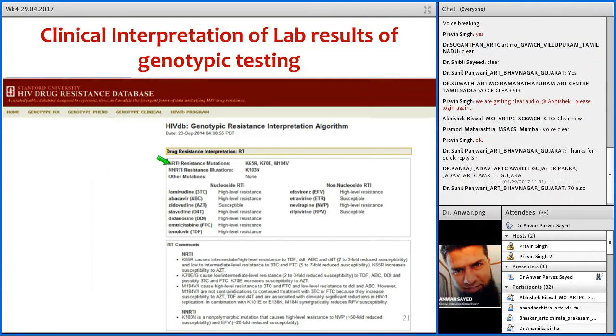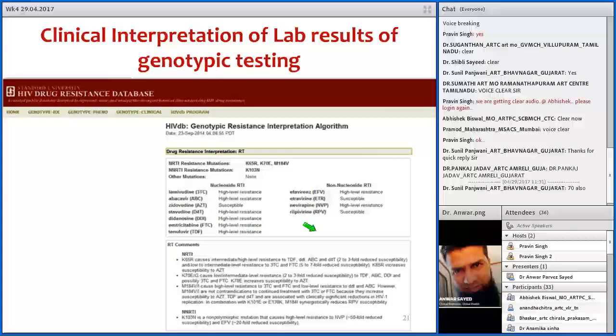Now NRTI resistance mutations K65R, K70E, and M184V. NNRTI resistance K103N. So it will give you this: Lamivudine high level resistance, Abacavir high level resistance, Zidovudine susceptible, Stavudine high level resistance, Didanosine, Emtricitabine, Tenofovir all have high level resistance.